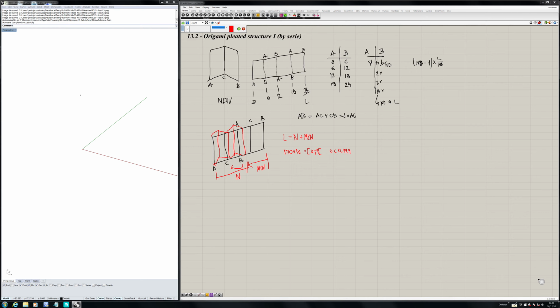Now, how can I transform these two into this? I'm going to say that my move is going to be the length multiplied by the movement percentage. So this multiplied by 0 is 0, it's here.